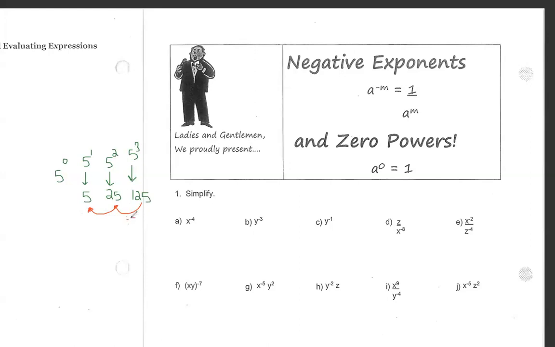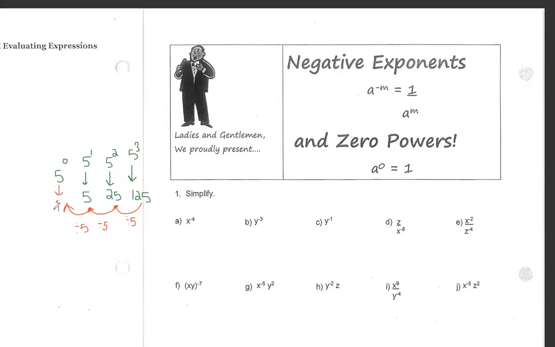I would divide by 5, right? So if I divided 125 by 5, I would get 25. Okay, does that rule work for the next one? If I do 25 divided by 5, am I going to get 5? Yep. Okay. So now what is 5 divided by 5? 5 divided by 5 is 1.